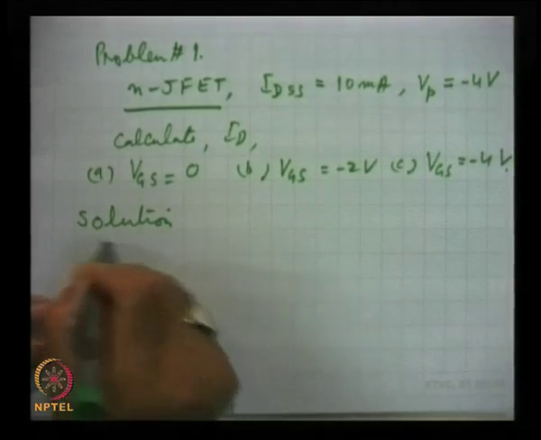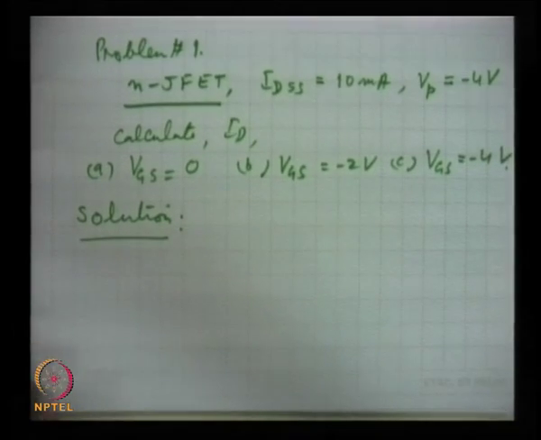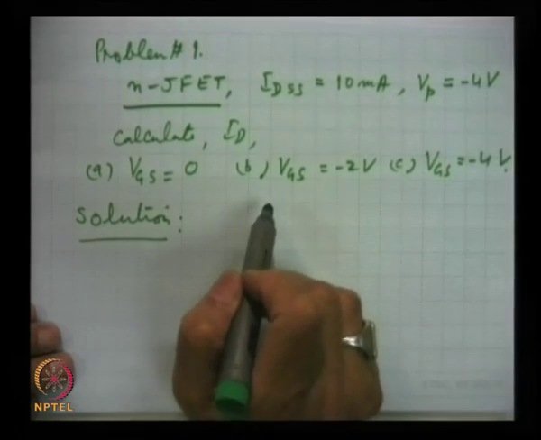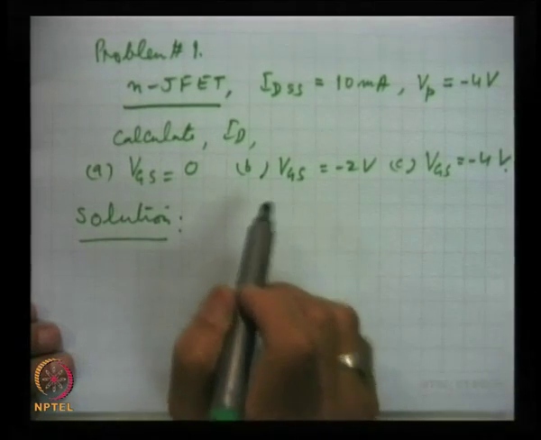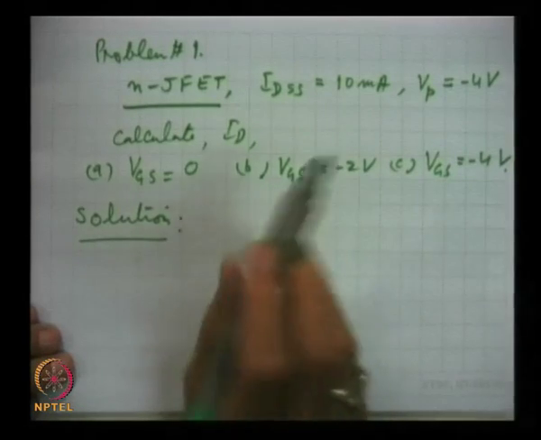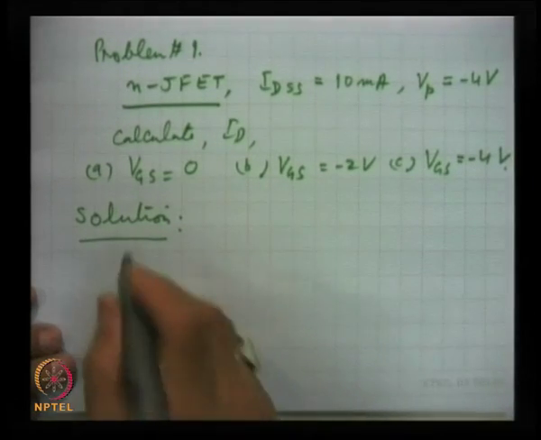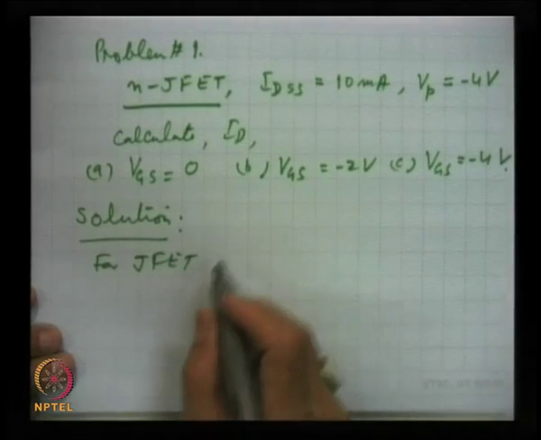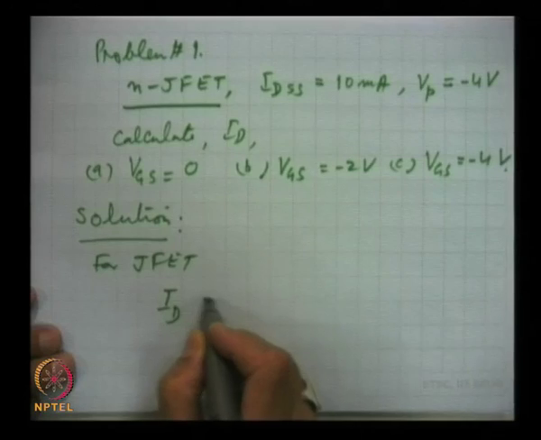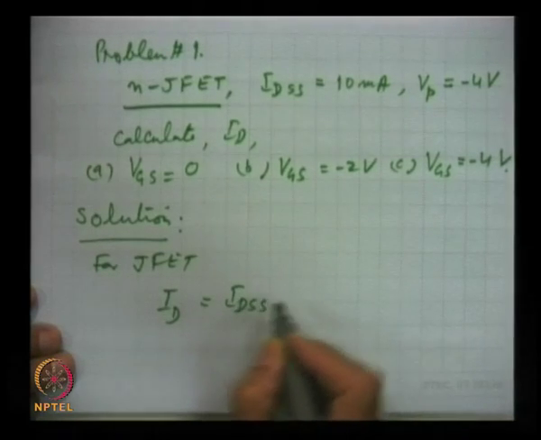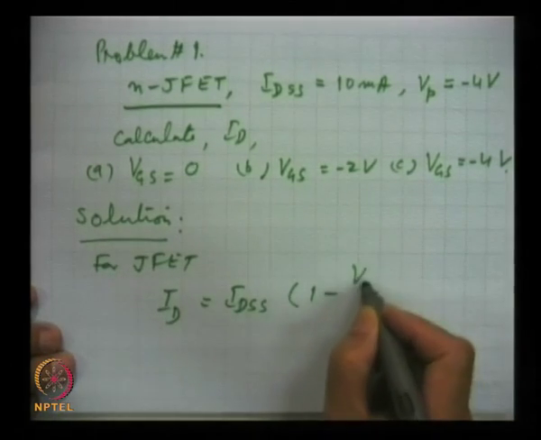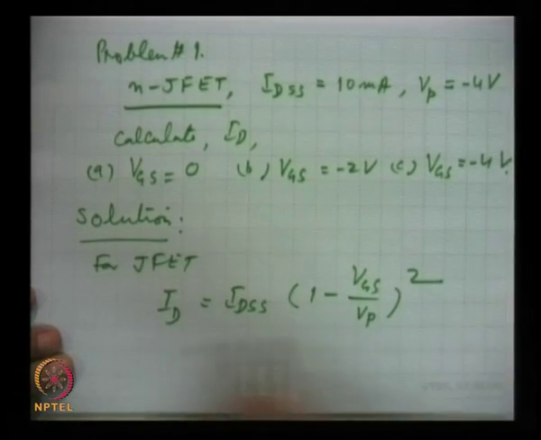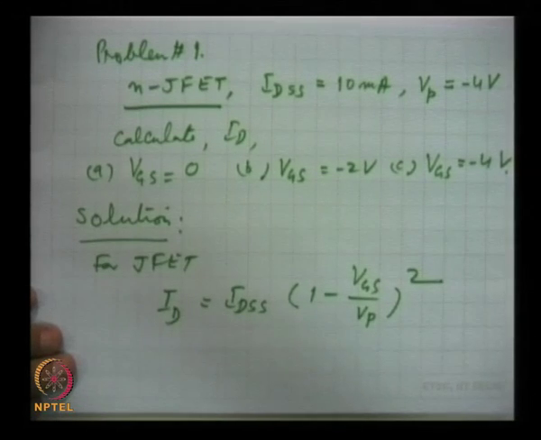Now, we talk about the solution. Obviously, the device is working in the saturation region, where for JFET the drain current is given by ID equal to IDSS into 1 minus VGS by Vp, whole square. This equation we are supposed to use.